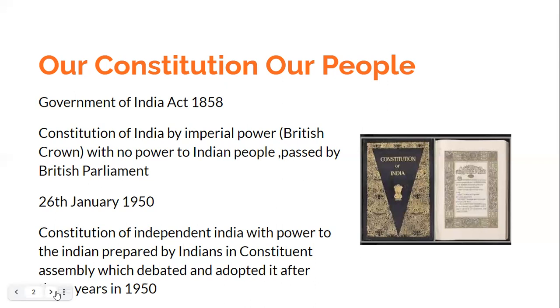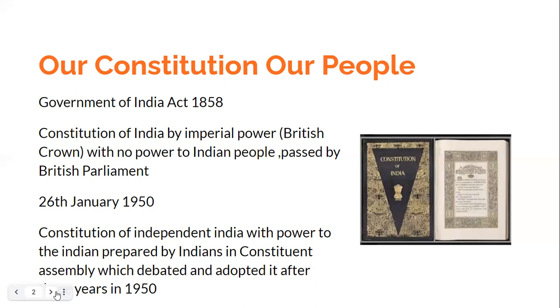It was now decided that India would be ruled directly by the British Parliament and the British Crown. So the act which did that is called the Government of India Act 1858, and that could be called the oldest constitution of the modern Indian epoch.